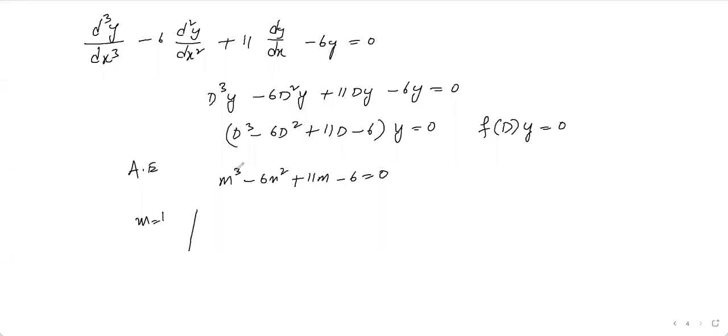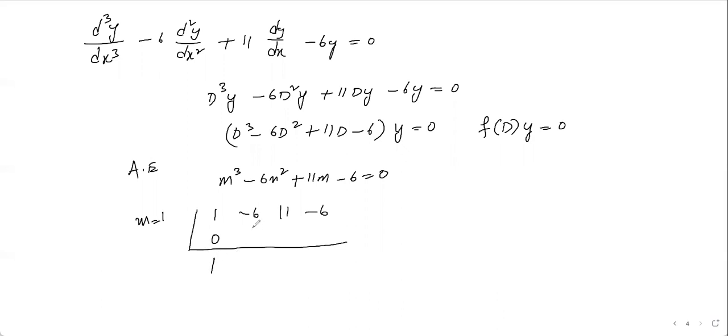Now let us use synthetic division to find the other roots here. So m as 1. So 1, the coefficients are 1, minus 6, 11, minus 6, right? Now since this will be 0, so 1 multiplied 1 will be 1, and add 1 we get 1.